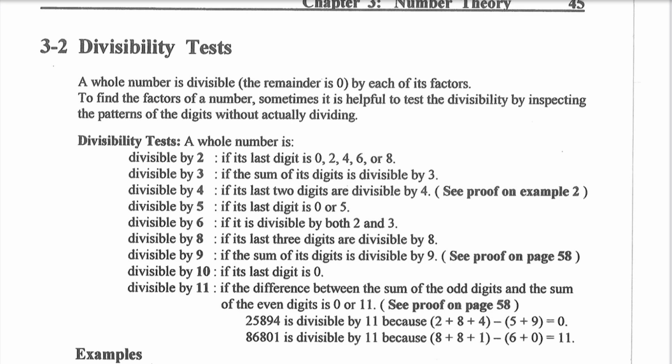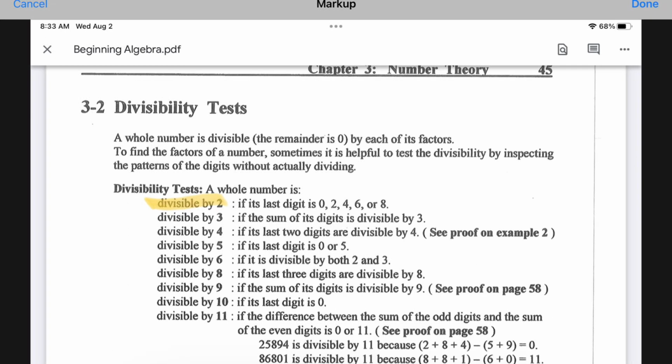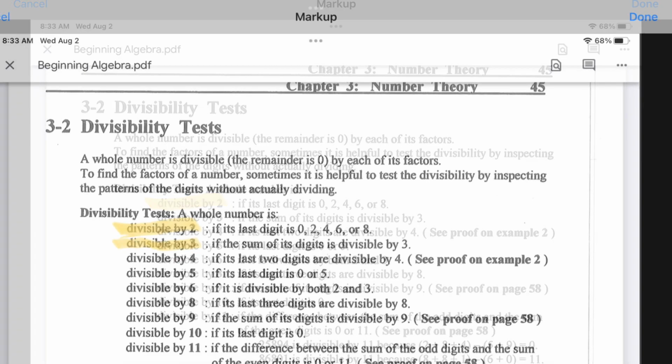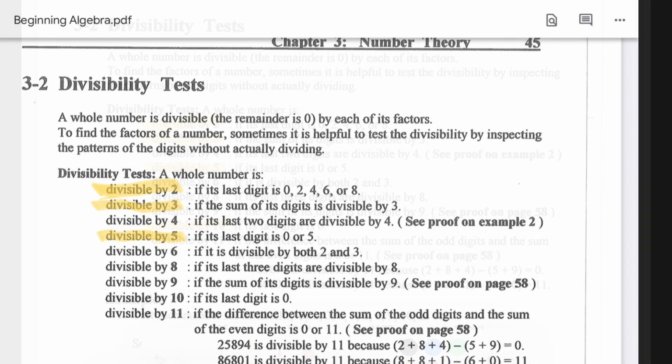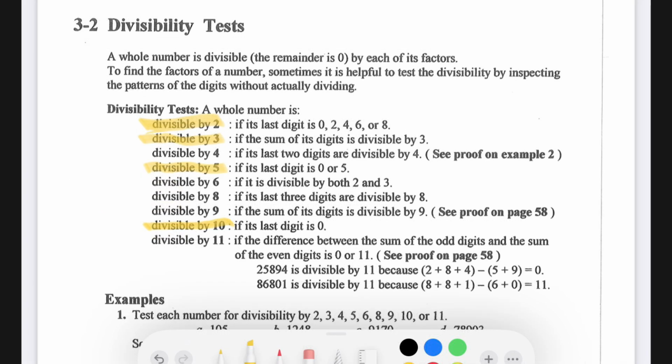I suggest you only focus on the divisibility tests for the numbers 2, 3, 5, and 10. While it's nice to know there are divisibility tests for those other numbers, it won't benefit you that much to have to memorize all those tests.